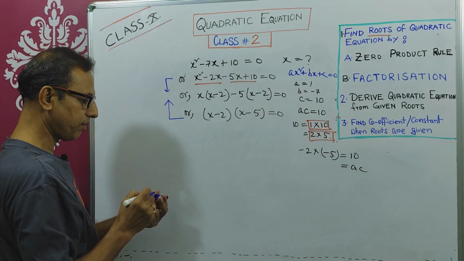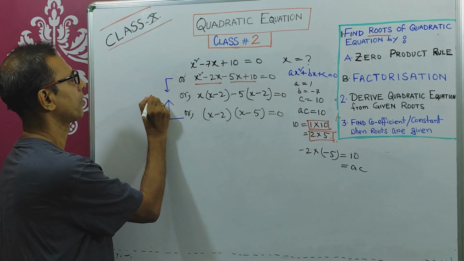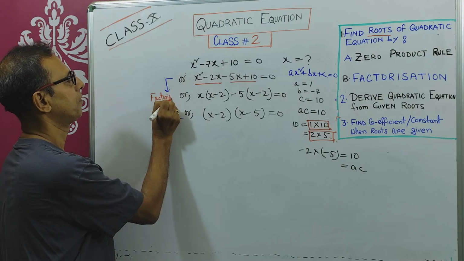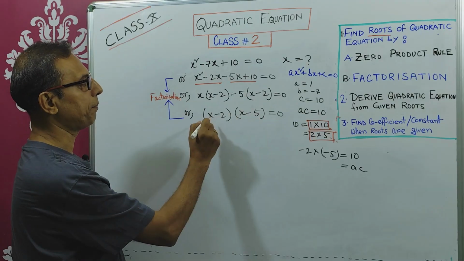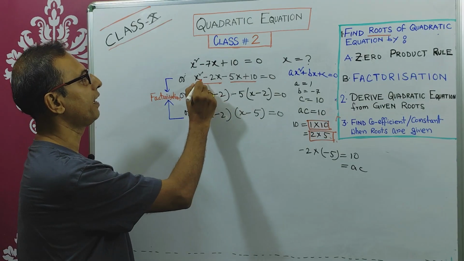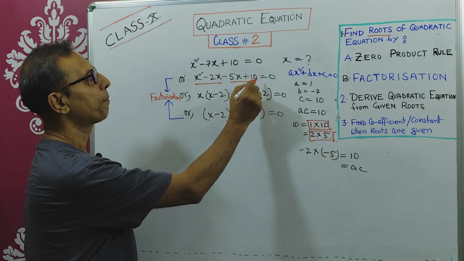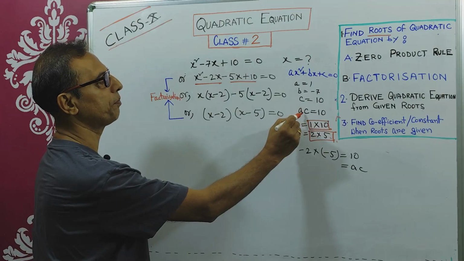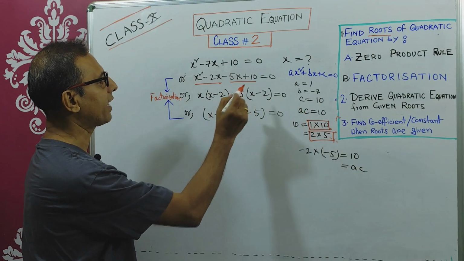Here you are factorizing the product value AC, the product of coefficient A and constant C, right? So that's how you are doing.